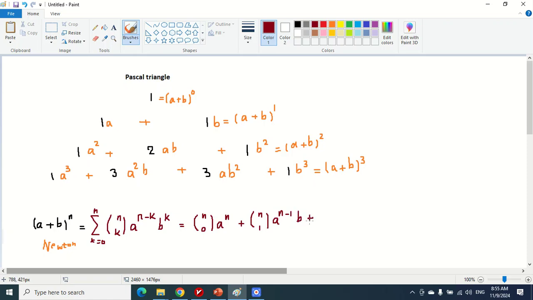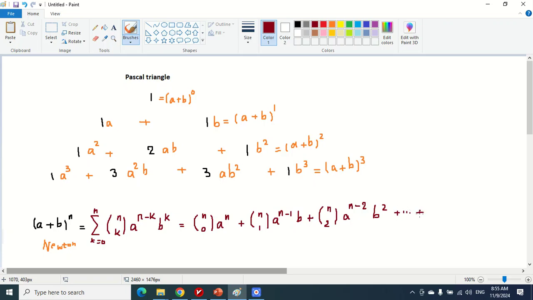Plus 2 out of n, the next one, and then we have a to the power of n minus 2. I reduce the exponent of a again 1 time more, and add to the exponent of b, which I write by b square, and this expansion goes forward up to the end.